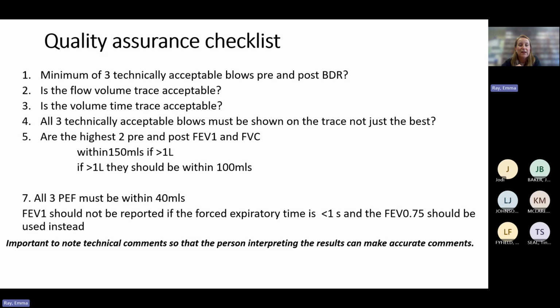The FEV1 is the forced expired volume over 1 second, so if they're blowing less than 1 second, you need to use a different value. You can find that in your settings. It's not hard to find. I doubt you'll need it though, to be honest, but if you come across children blowing out really, really quick, that might be a thing you need to add in.